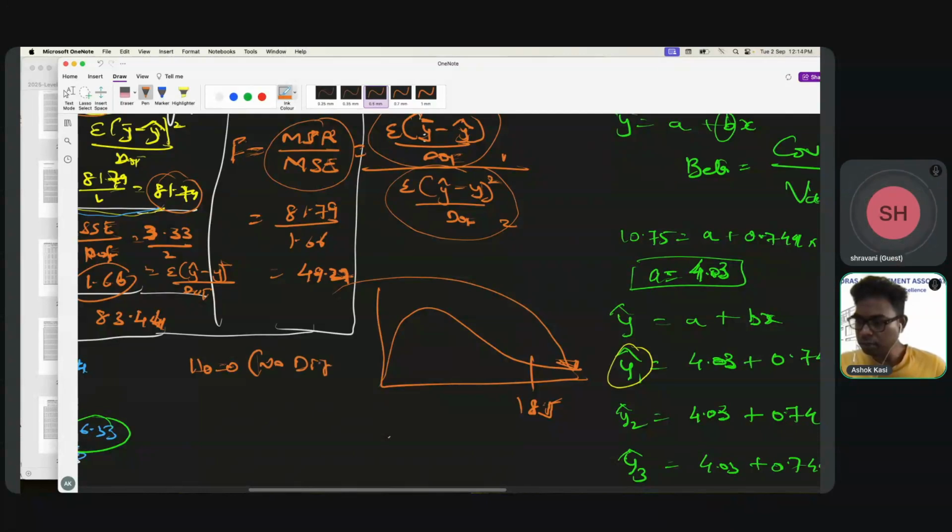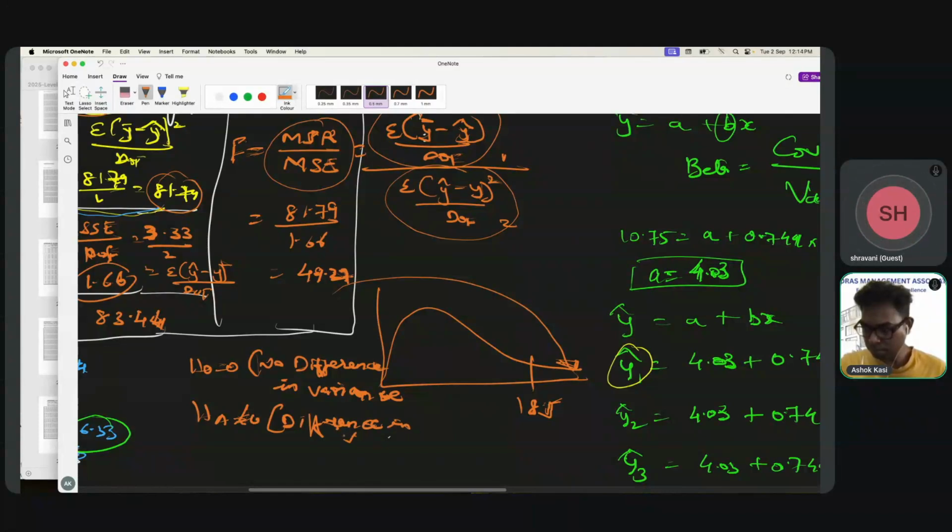The alternative is not equal to 0, that means there is a difference in variance.